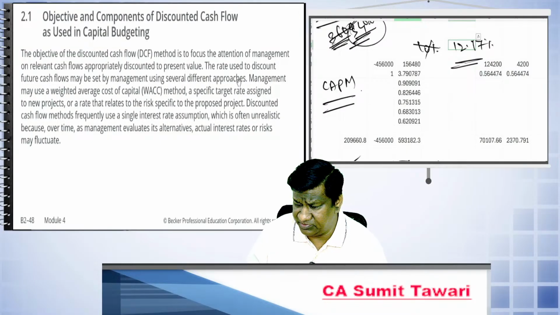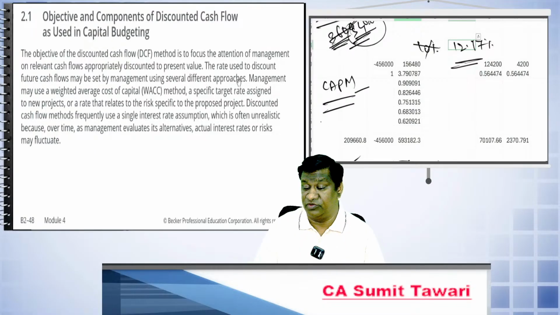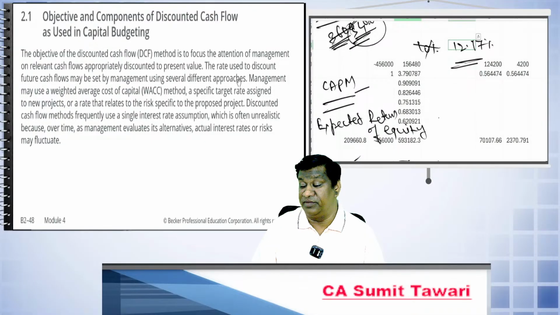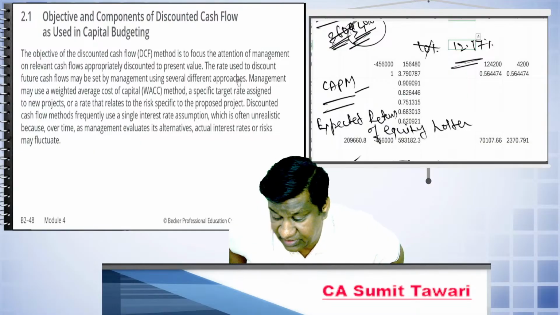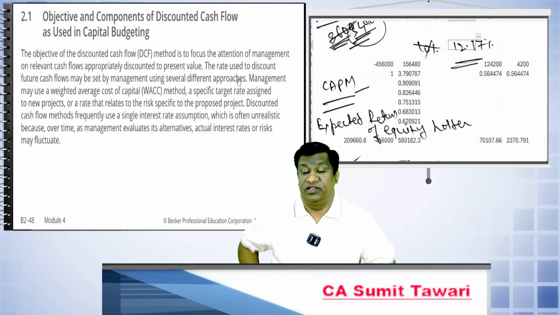With the capital asset pricing model, what are we going to calculate? We are going to calculate the expected return of the equity holder. And I want to use only CAPM as a discounting factor.